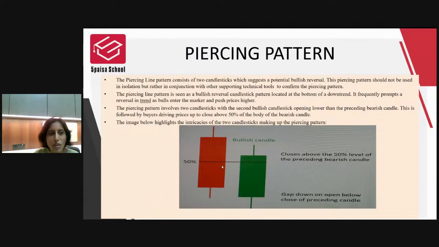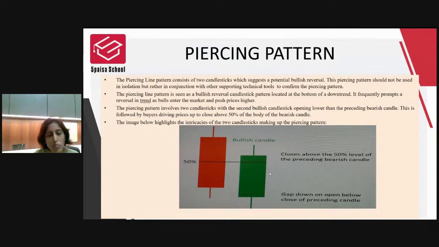So the piercing line pattern is seen as a bullish reversal candlestick pattern located at the bottom of a downtrend, and it frequently prompts a reversal in trend as bulls have now entered the market and they push the prices higher.